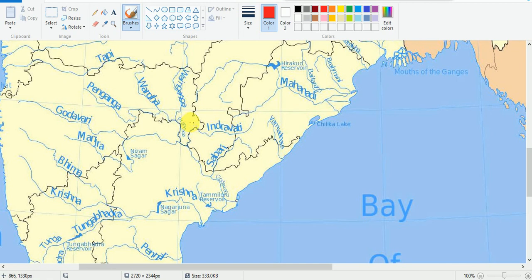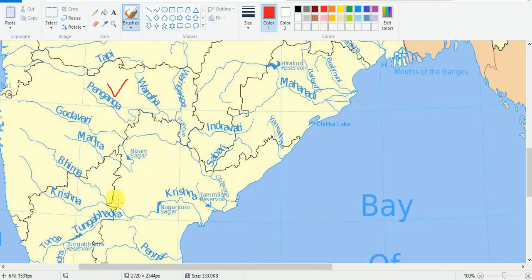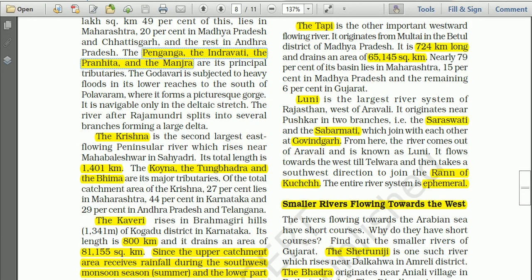See here, Penganga is here. Indravati, Manjra. Manjra is here, Indravati is here, Wainganga is here, Wardha is here. So these are the important tributaries of the Godavari River.